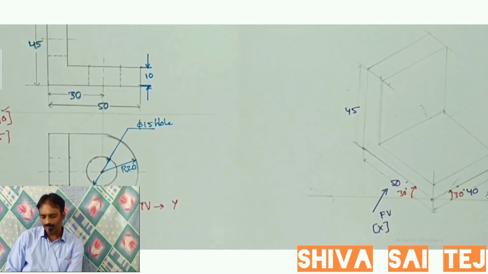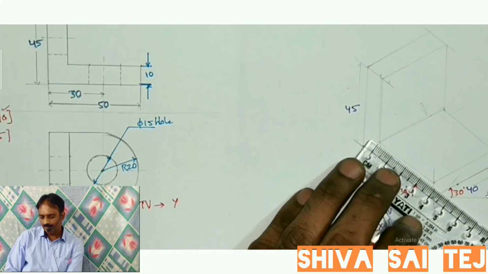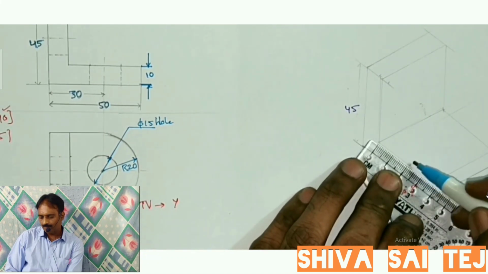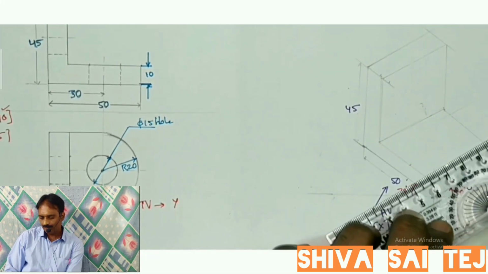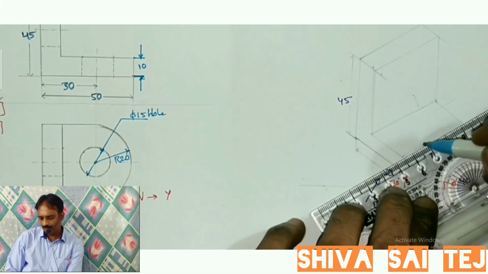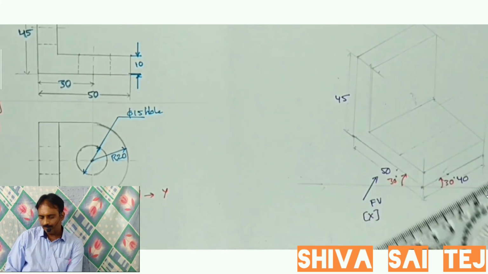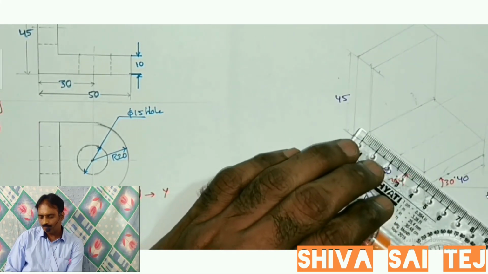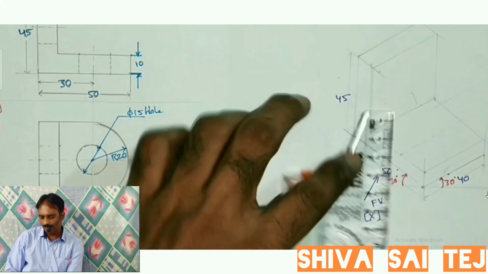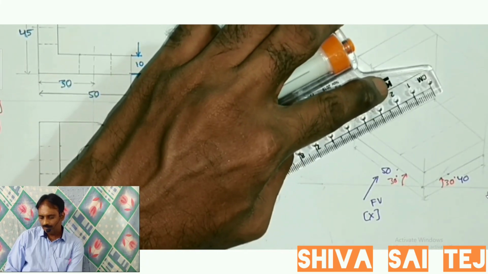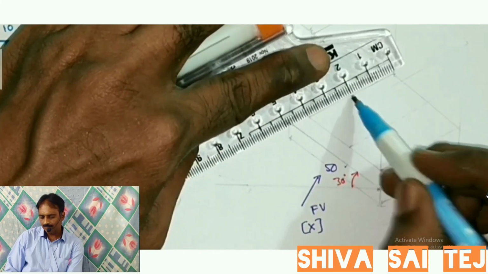We have to locate the center, which is at a distance of 30 units from the first end. I am locating the midpoints of that rectangle. So that gives the center.